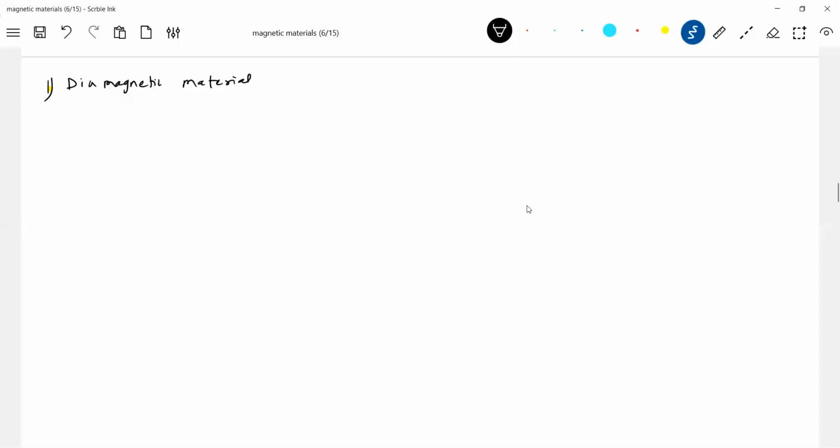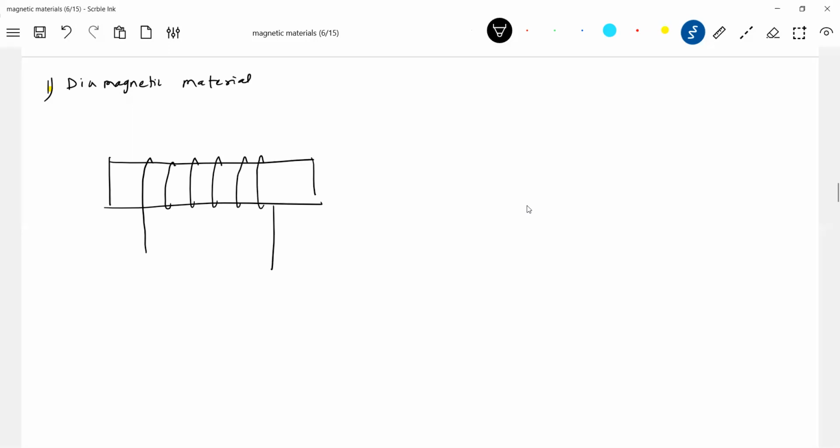Again, there are three types of materials. I will take a rod, a diamagnetic rod. There's a wire, a solenoid. I'll pass a current I. Due to this current I, the B naught will be there in this direction.